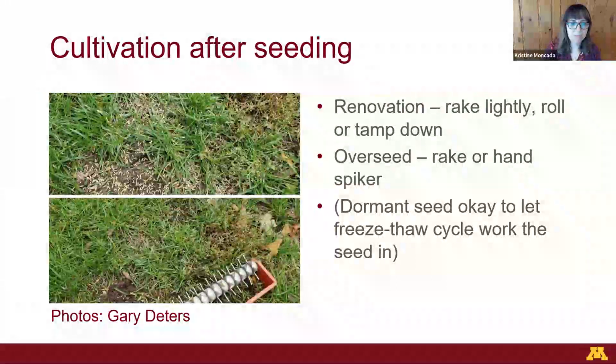You just hand roll it, and it works the seed into the soil lightly. You don't want the seed to be too deep. With dormant seeding, the least work option, you don't have to. You can rake it lightly if you want, but in most winters the freeze-thaw cycle just naturally works that seed into the soil.